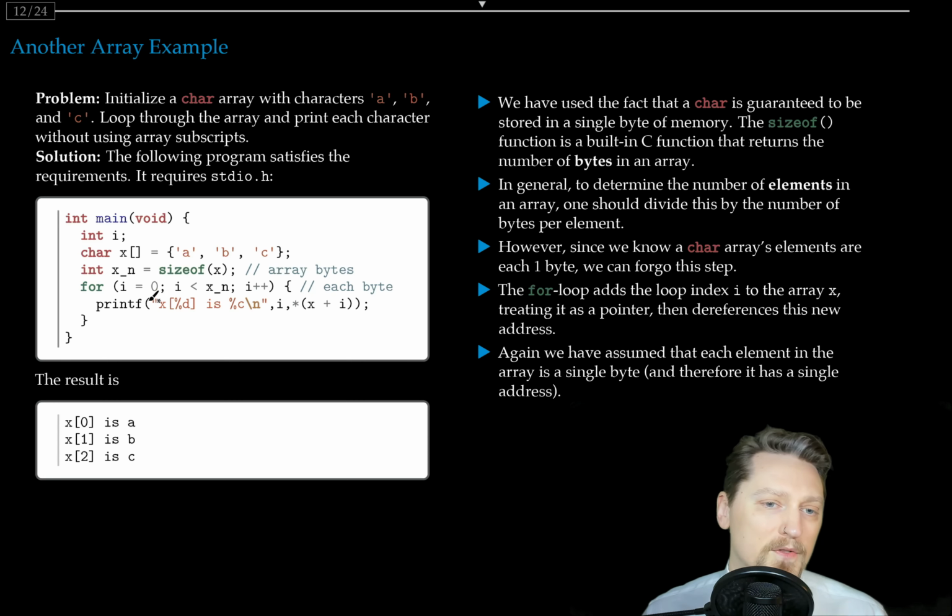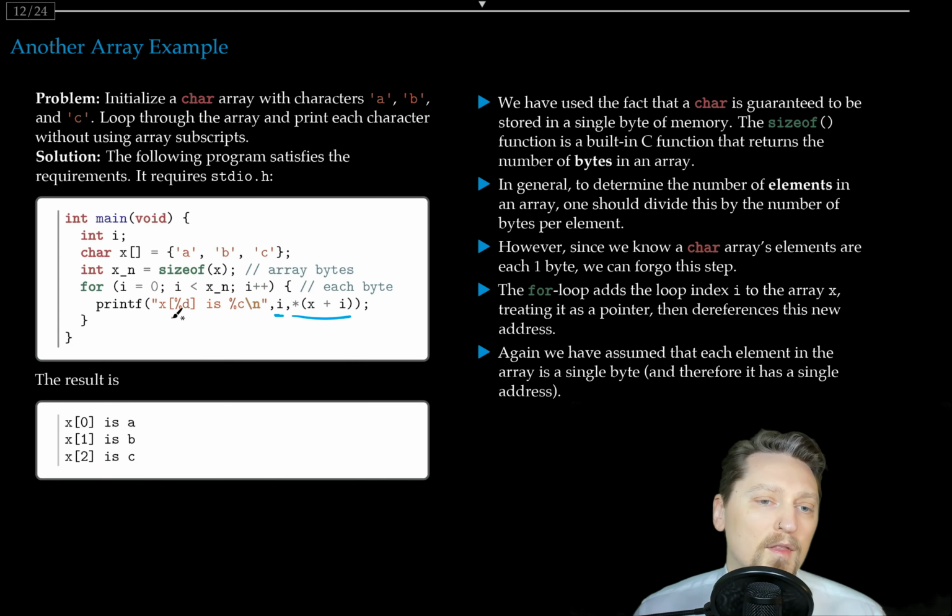For i equals 0 through 1 less than the number of bytes in the array, with increments of 1 in i, for each byte we're going to print x of the index i, and then we're going to print the result of dereferencing x plus the index with the dereferencing operator. So the result is x of 0 is A, x of 1 is B, and x of 2 is C.